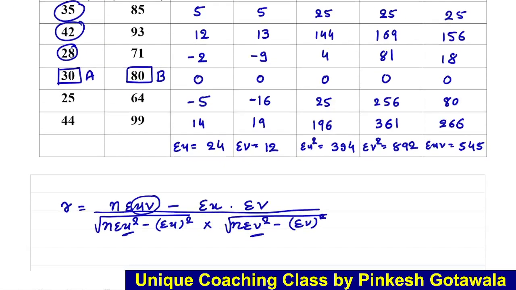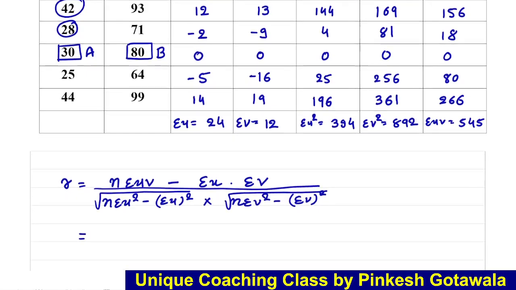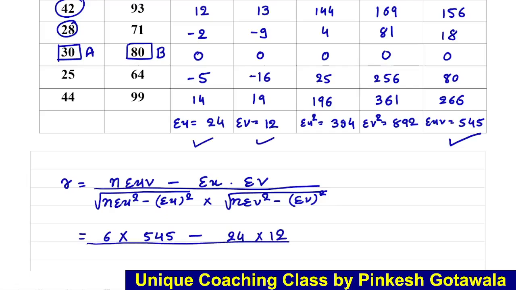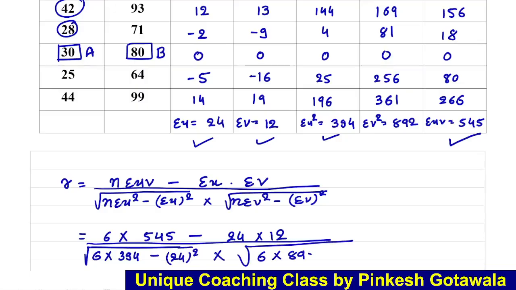Now let's put the values in the formula. We have every value. First of all, n is 6, sigma uv 545, sigma u 24 and sigma v 12, divided by n 6, sigma u square 394, sigma u whole square means 24 whole square, and 6, sigma v square 892, sigma v whole square 12 whole square.